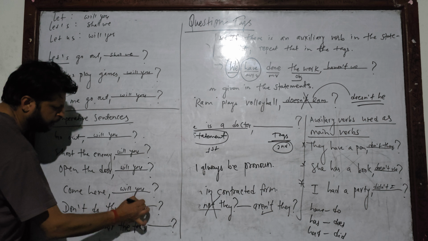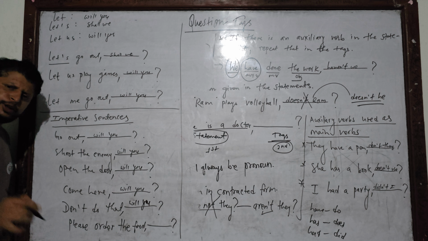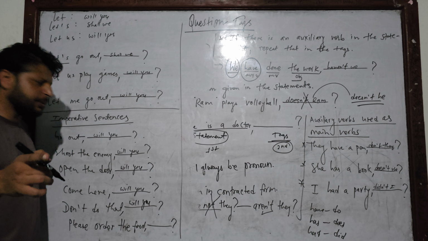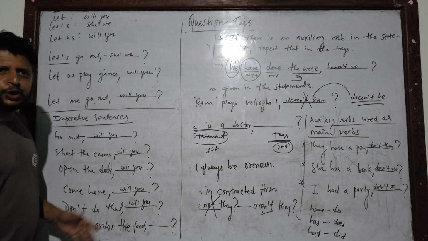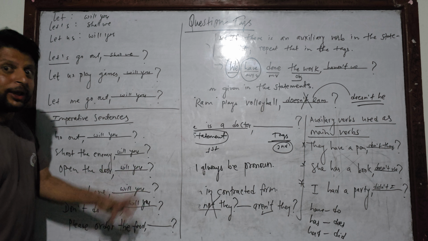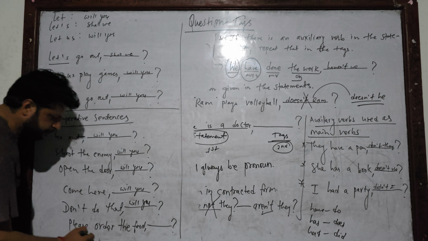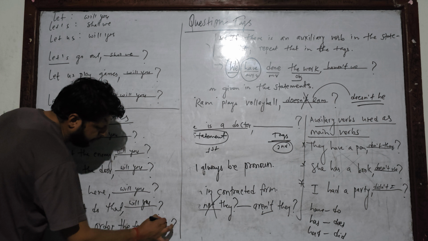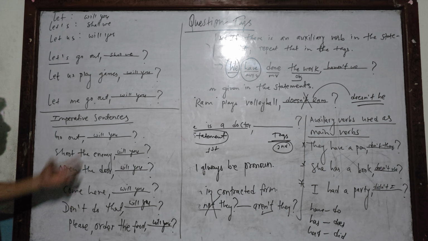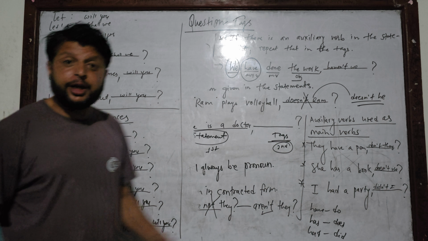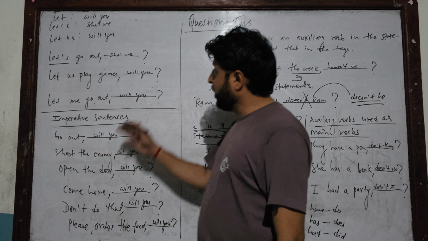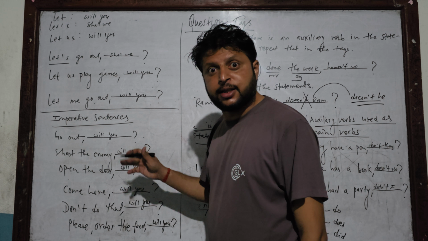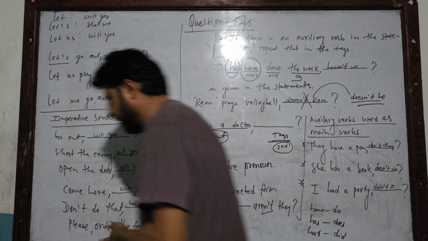Will you? So you just have to understand that whether it is a positive imperative or a negative imperative, you just need to use will you. Please order the food. Will you? So this is how we write question tags for imperative sentences. Hope you understand that.